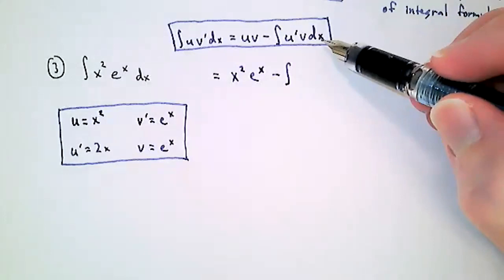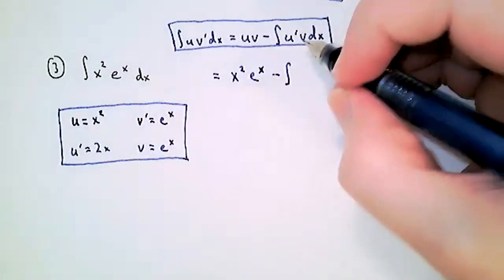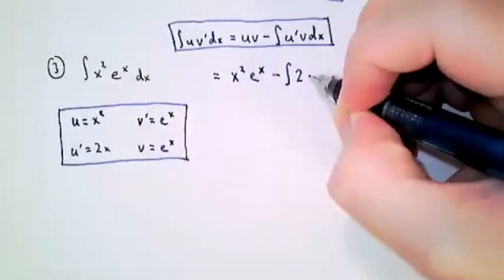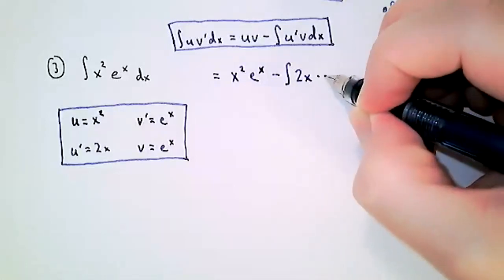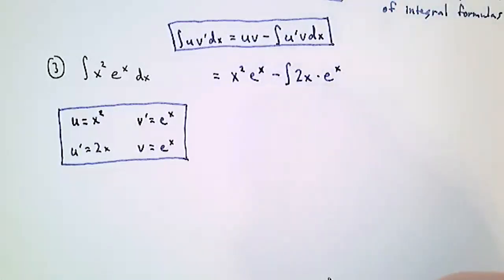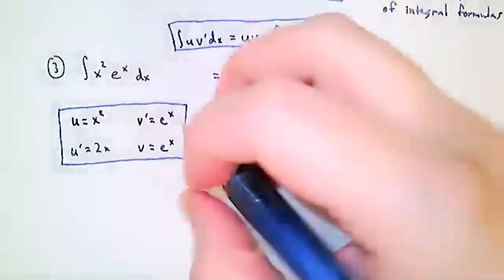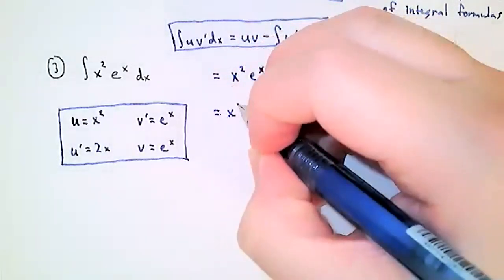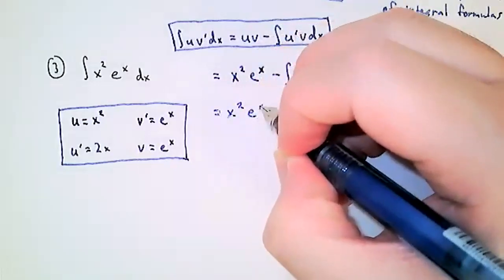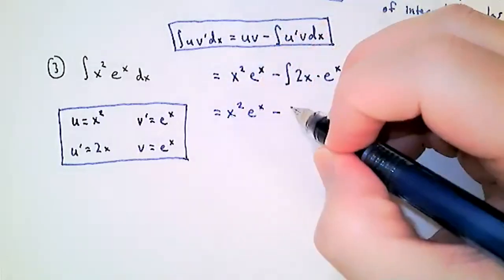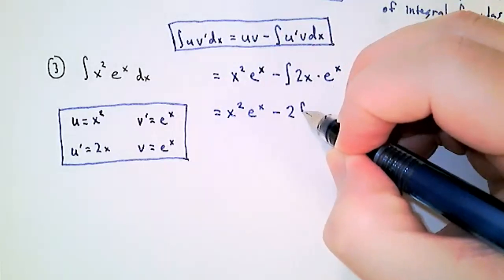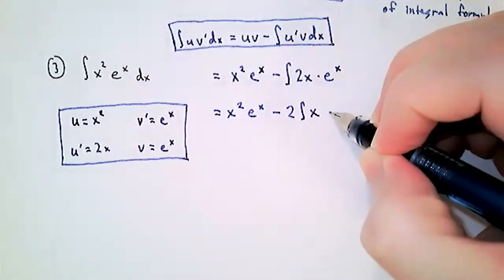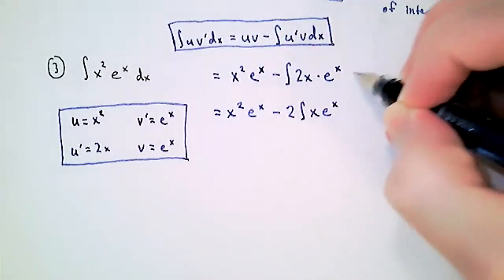We need u prime times v, so that'll be 2x times e to the x. Or if we wanted to simplify a little bit, we could pull that constant to the front. So pull the 2 to the outside, and then inside your integral, you have x e to the x.